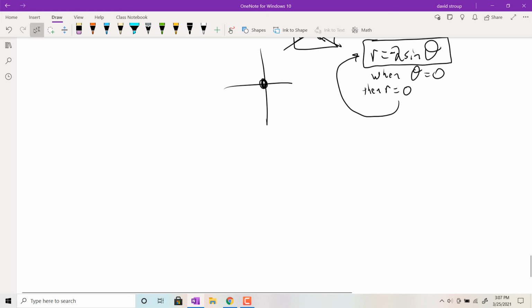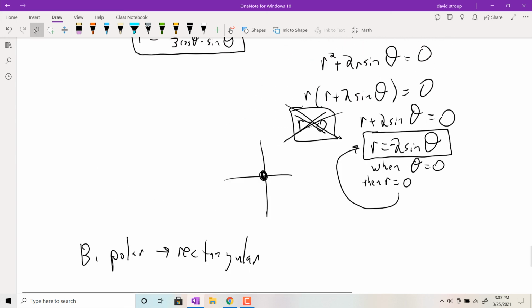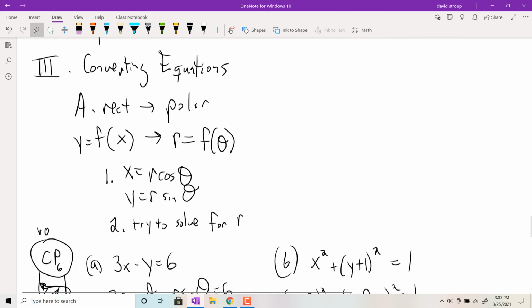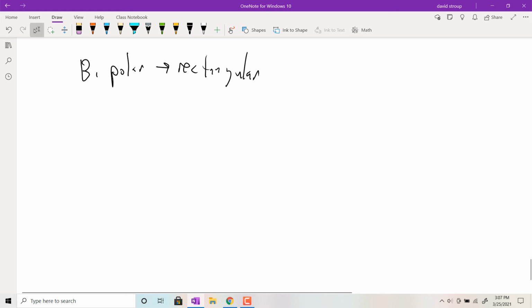Let's go in the other direction now and see how that pans out, going from polar to rectangular. In these cases, pretty much anything goes. Before we just used those two formulas, but now we're going to use pretty much anything.